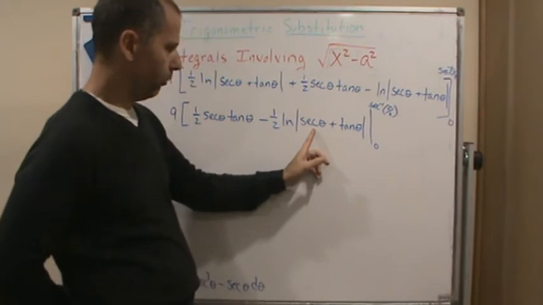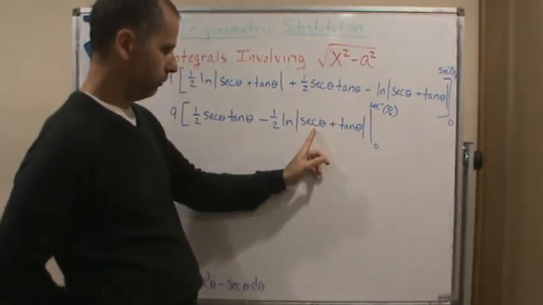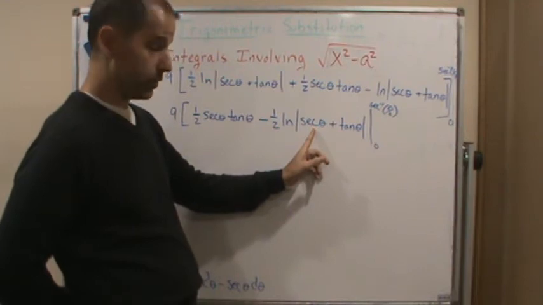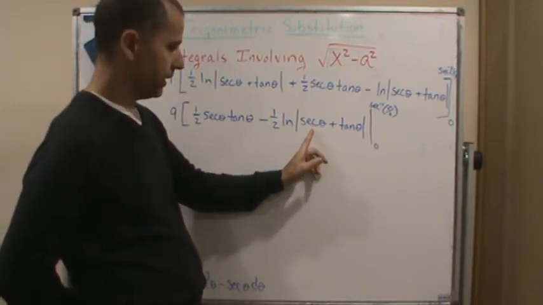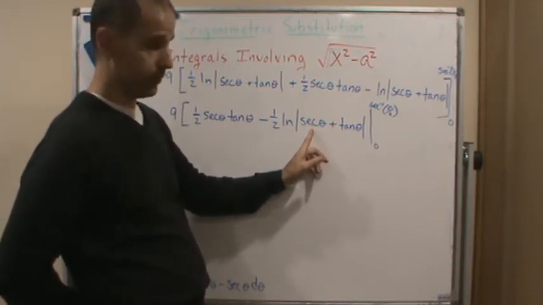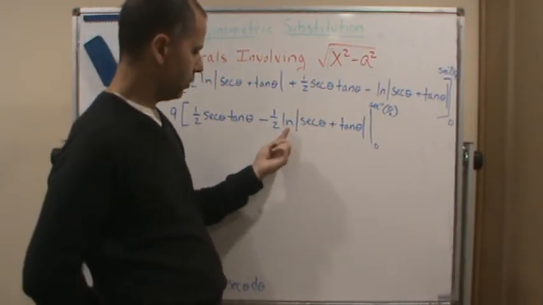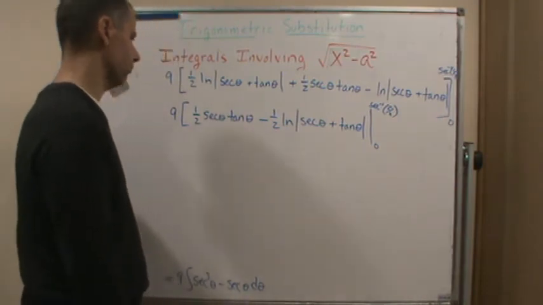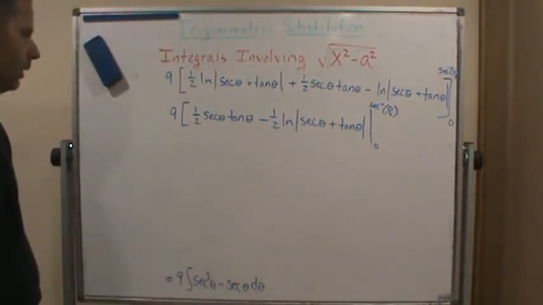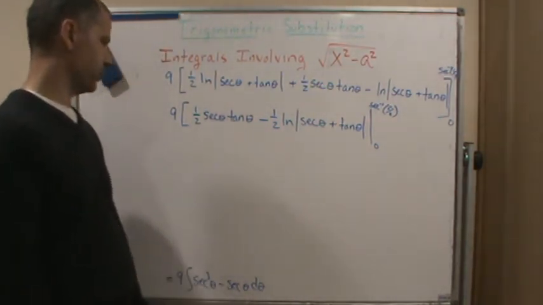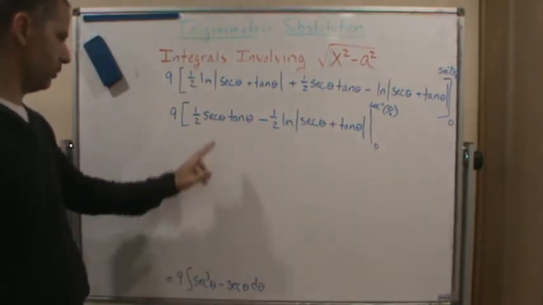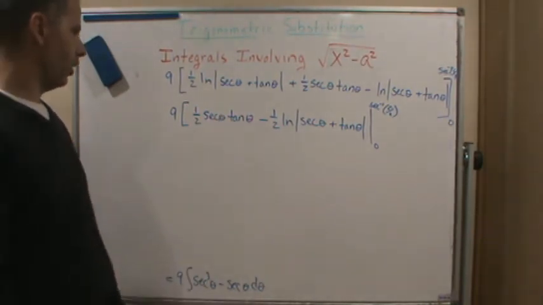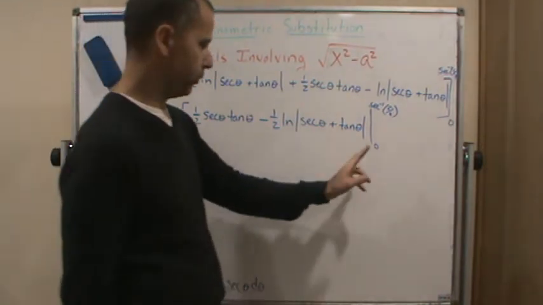Cosine of 0 is 1, so the reciprocal of that is 1. So secant of 0 is 1. So the natural log of 1 is 0. So this whole thing goes to 0. And then of course this whole thing goes to 0 because tangent theta is 0, secant theta is 1. So we get 0. So good. We don't have to worry about 0 here.